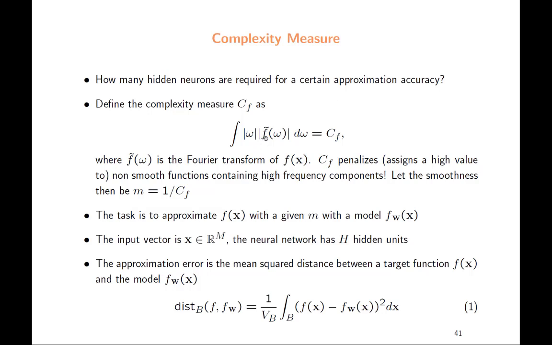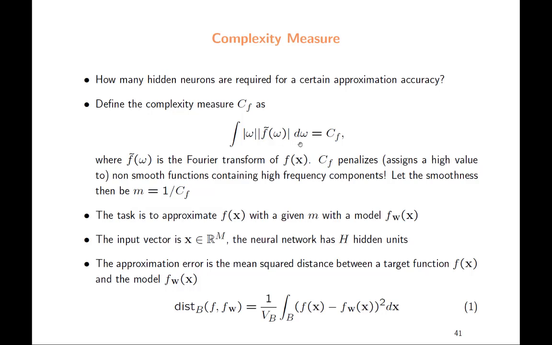So f is the function, f tilde is the Fourier transformation of the function, and w is the frequency. This means I calculate the Fourier transformation, take the magnitude of the coefficients, multiply them by the magnitude of the frequency, and take the integral.